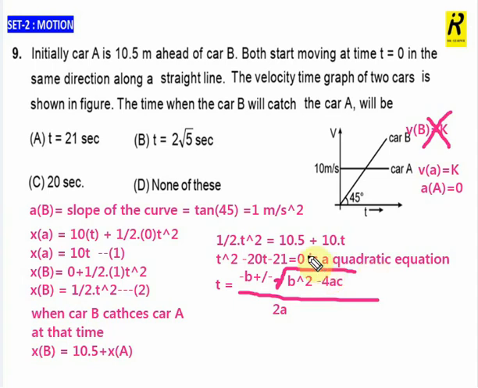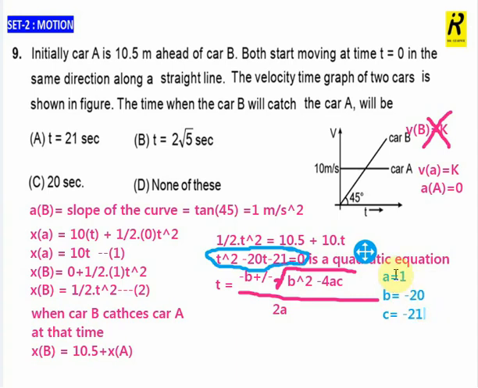So in the quadratic equation what we got, yeah, this one, in this quadratic equation, the term a is 1, the term b is minus 20, the term c is minus 21.